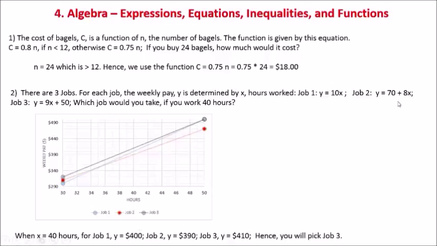And then for job 2, 8 times 40, that's 320 plus 70, that's 390, right, for job 2. For job 3, plug in x equal to 40, 40 times 9, that's 360, 360 plus 50, that's 410. So for job 1, you will get $400, job 2, $390, job 3, $410. So you will pick job 3, okay?